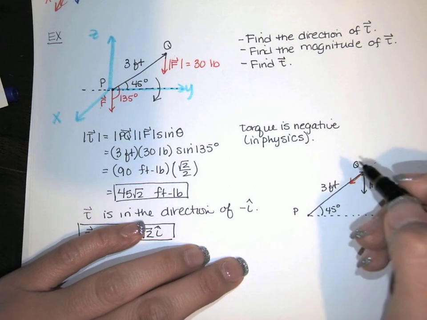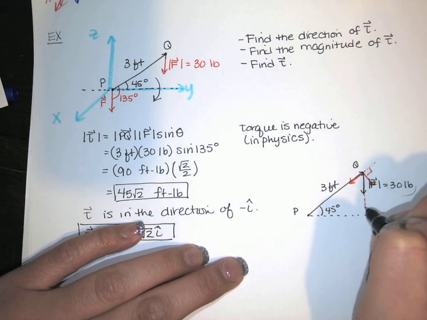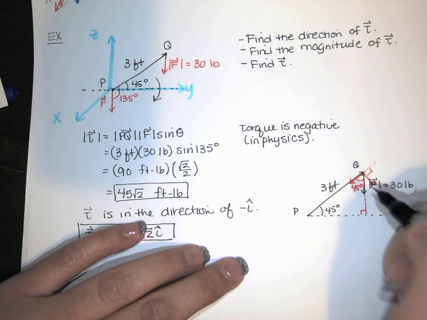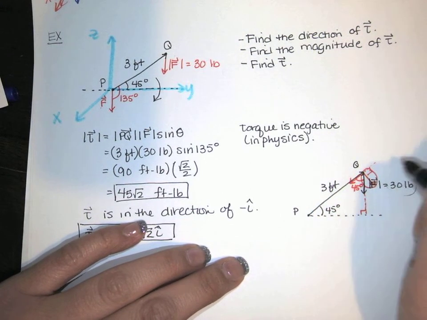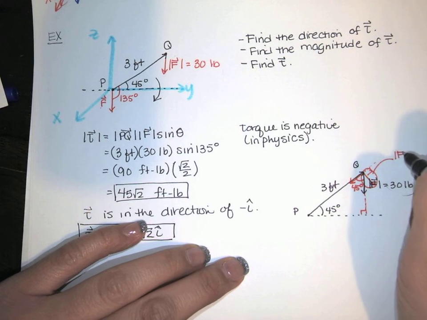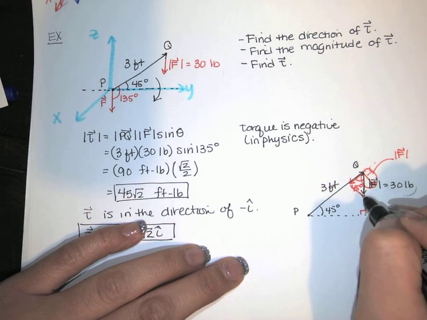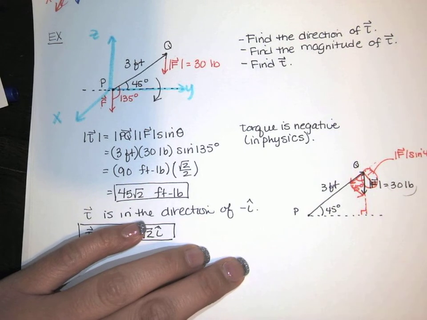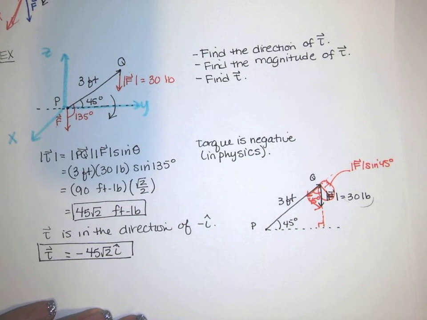Well, if this is 45, we complete this triangle. This is 45. And if that's 45, this is the magnitude of F times cosine of theta. And this side, that perpendicular side, is the magnitude of F times sine of theta, or sine of 45. And sine of 45 happens to be the same as the sine of 135 that we got over here.